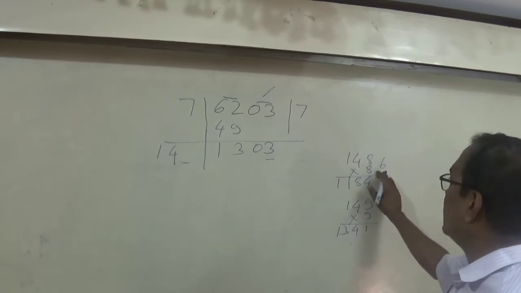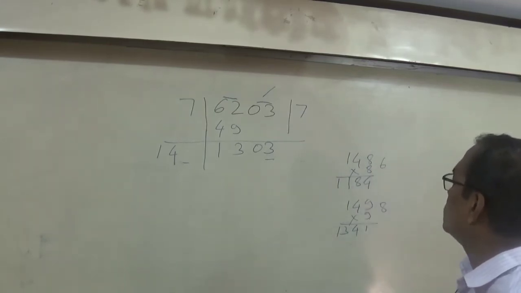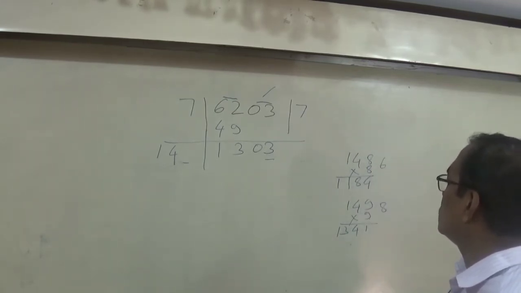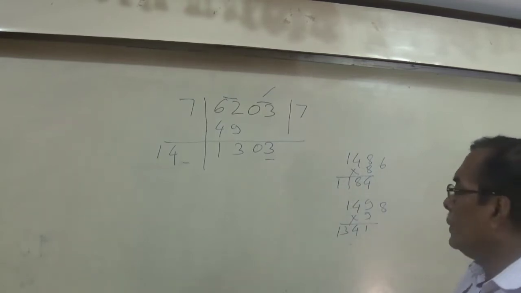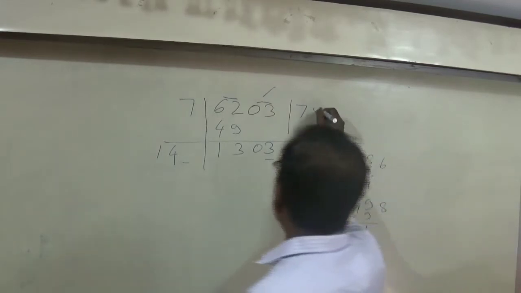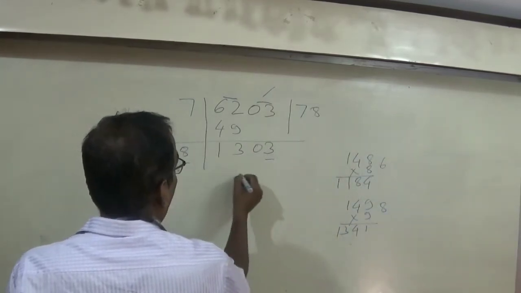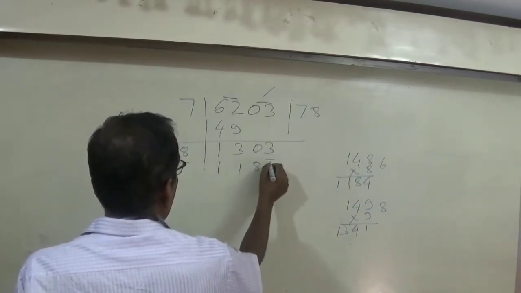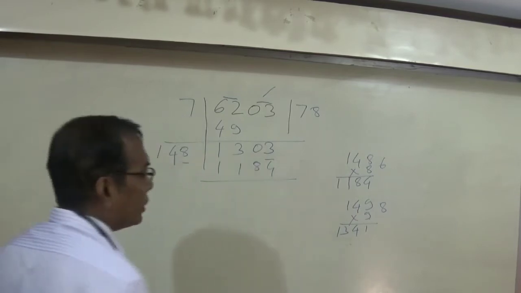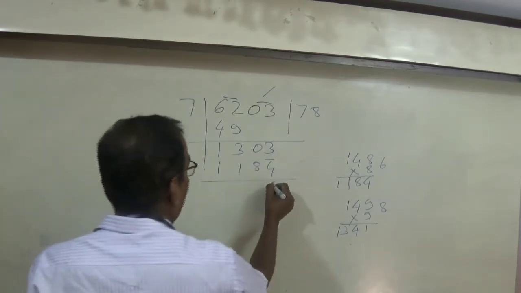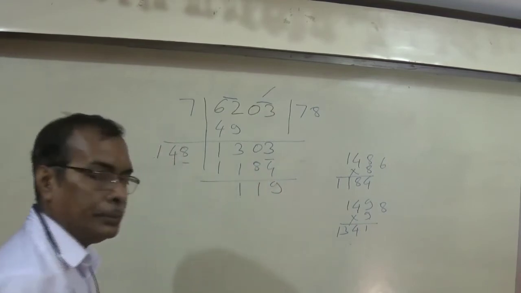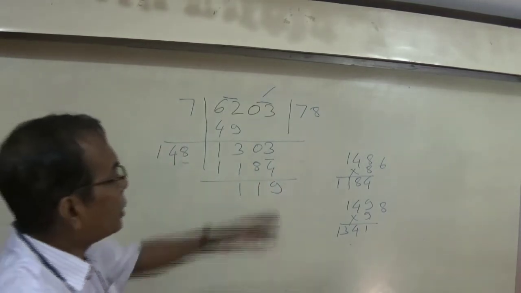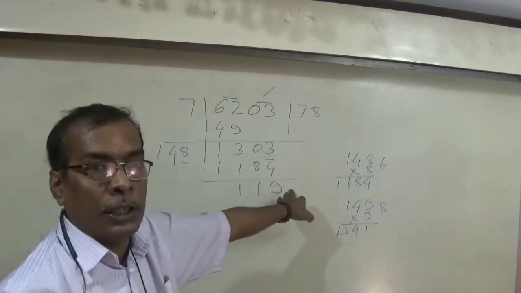So with 8 it is coming. Right here 8, right here 8, and I am finding it is coming 1184. Now take the subtraction. It will come as 119.